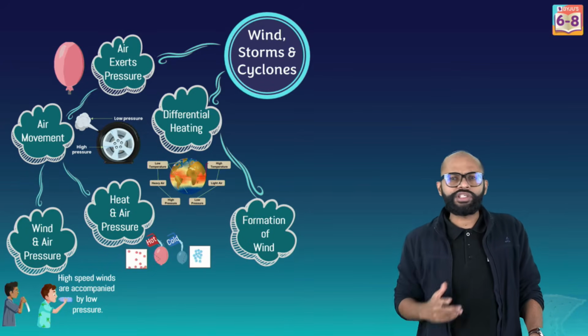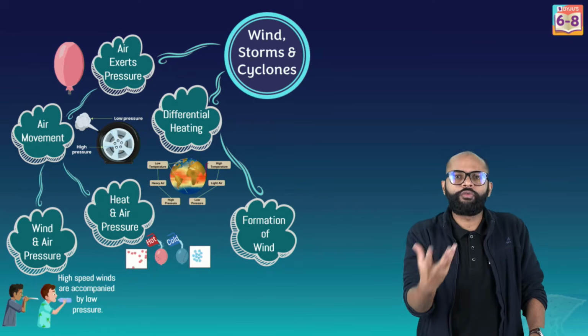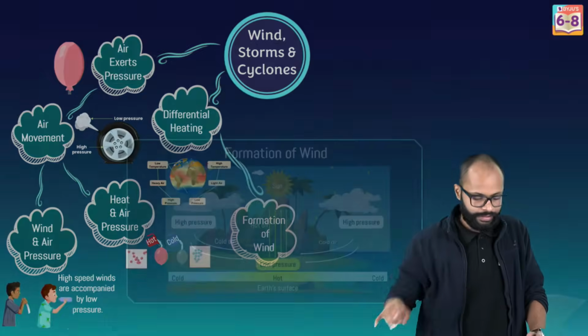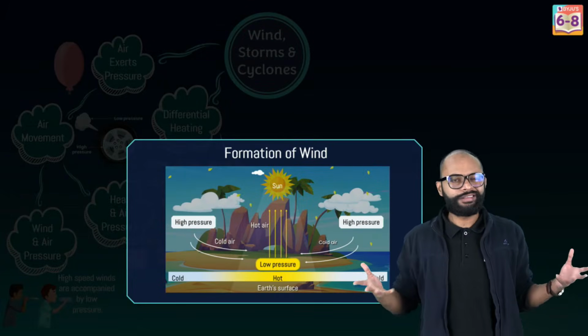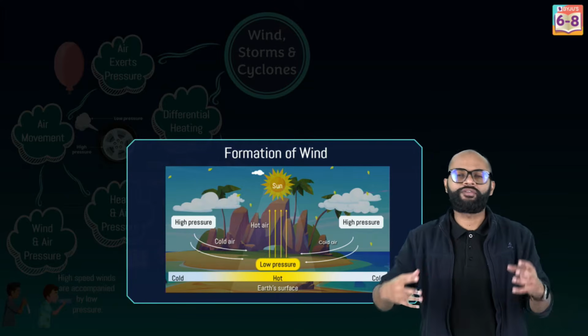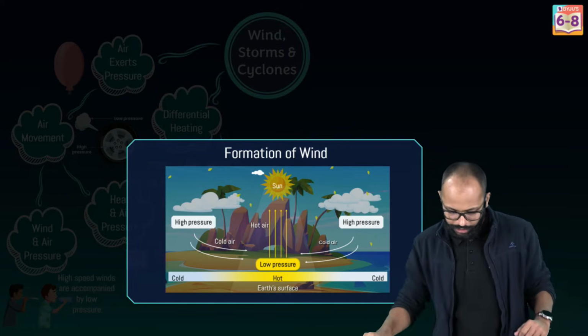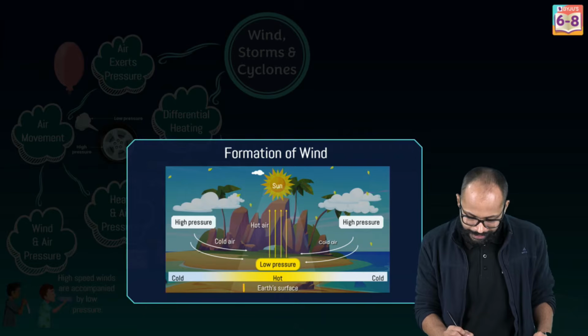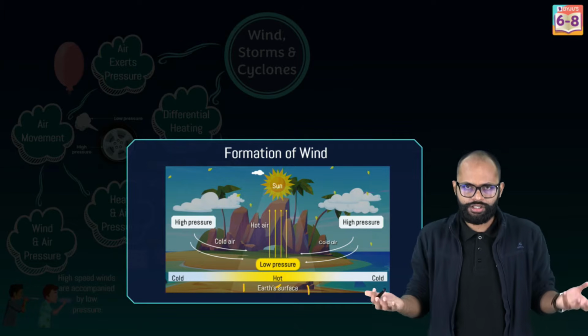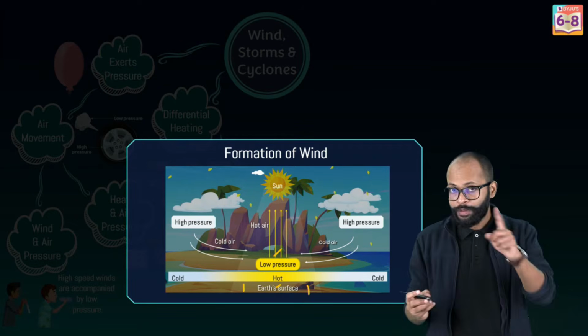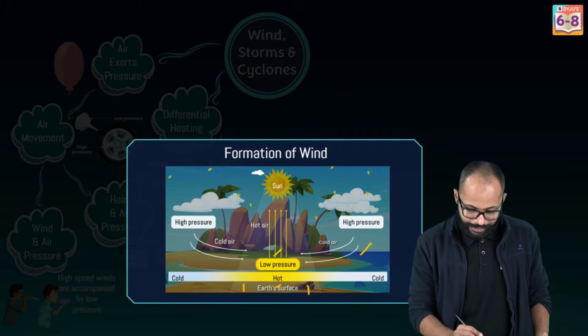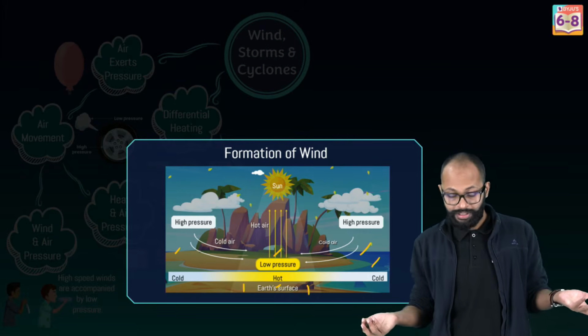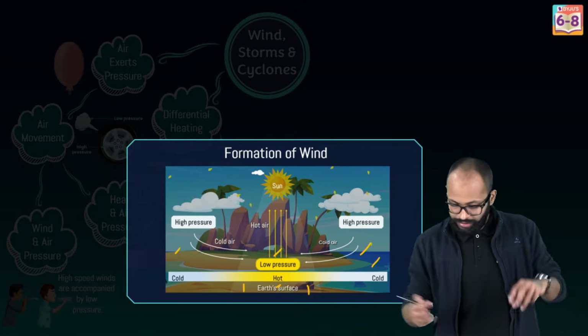Now, formation of wind. How does wind form? Good question. अब सुनो ध्यान से. देखो, wind is nothing, just the movement of air from high pressure to low pressure. Think about it. अगर center में, in this center region, there is hot environment, means there is low pressure. On the sides, let's say there is cold environment, right? Means there is high pressure. All right, very good.